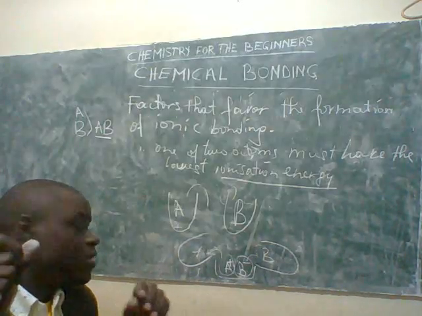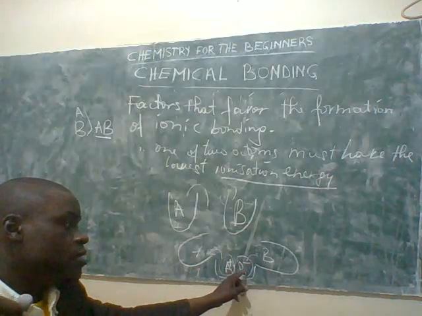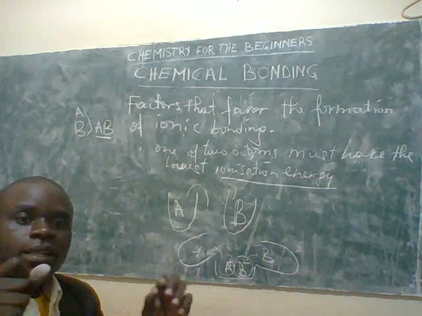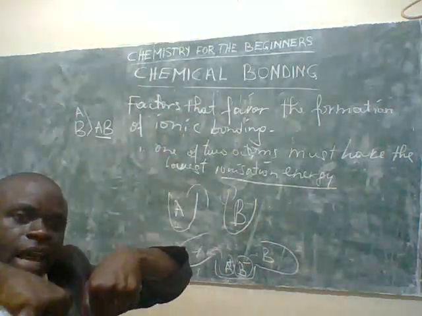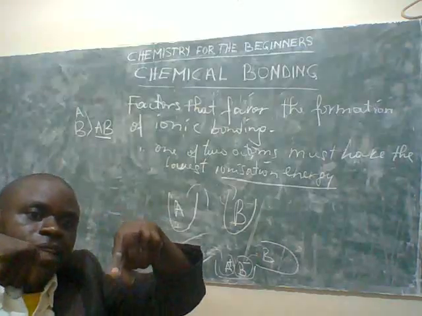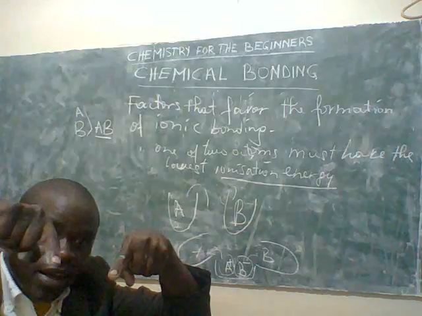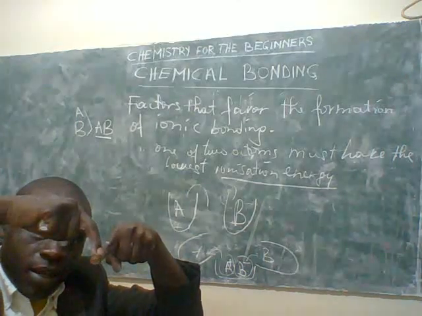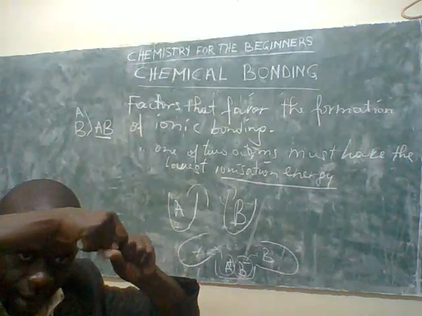For example, if this one is sodium and this one is chlorine, when they meet in the container they will first do like this and this, which means they are now ready. When they are ready, they will try to start and combine.